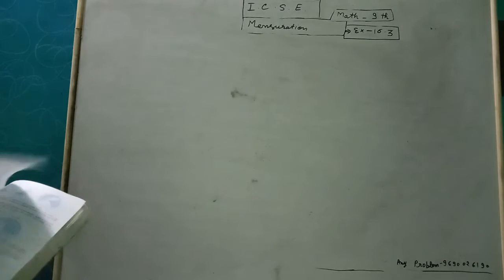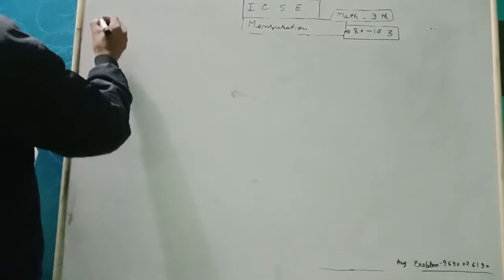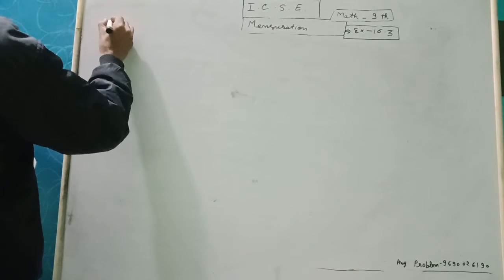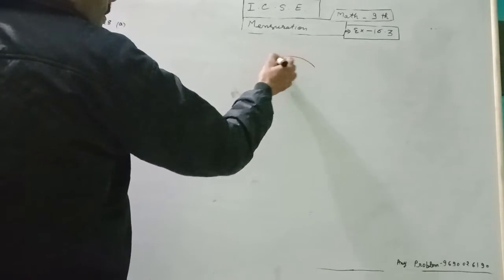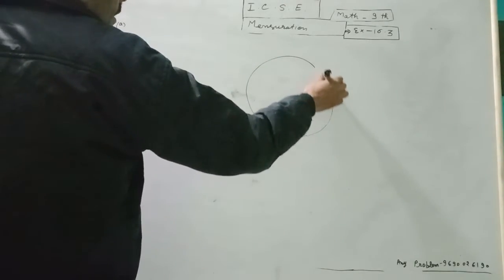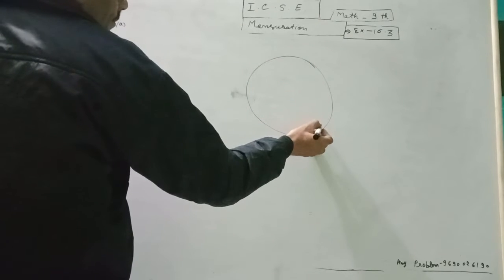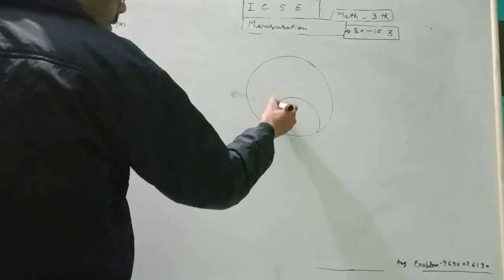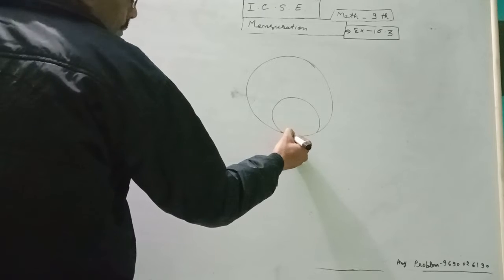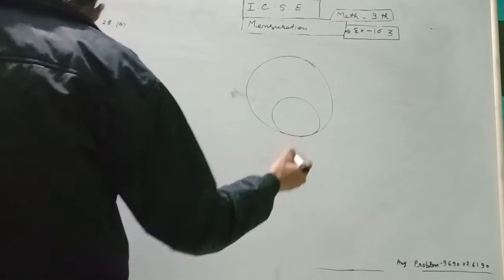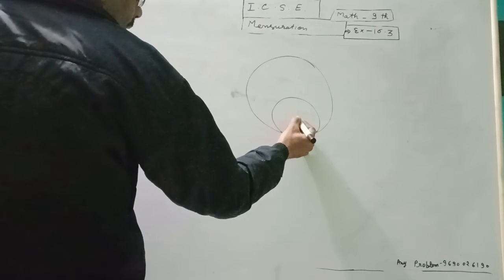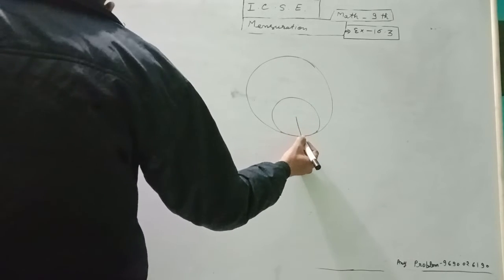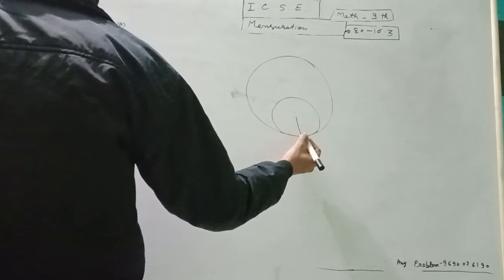A part is a circle, the incircle touched at point C. That is point C.